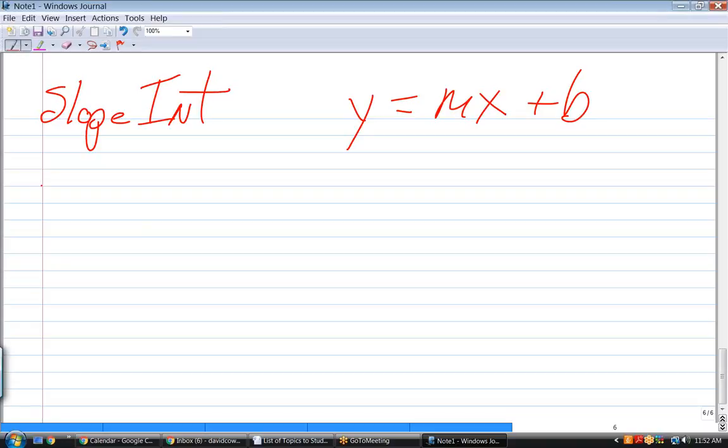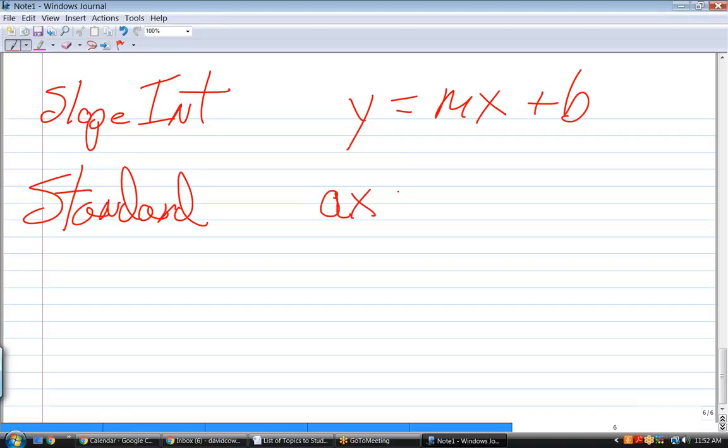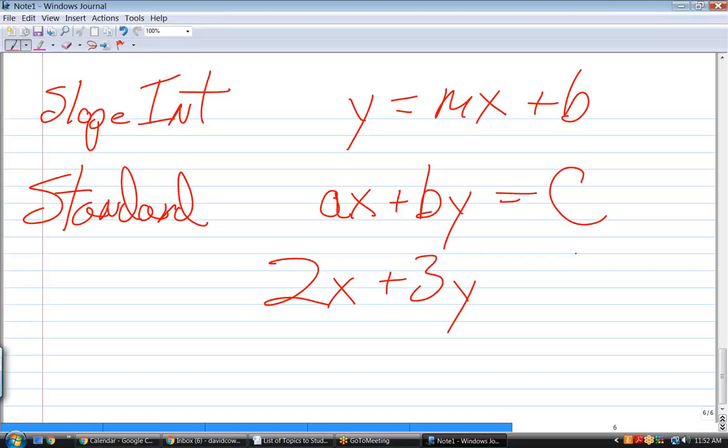Then there's standard format. Standard format is when you have all the x's and the y's on the same side, and you have ax plus by equals c. An example of standard format would be if I had 2x plus 3y equal 12.